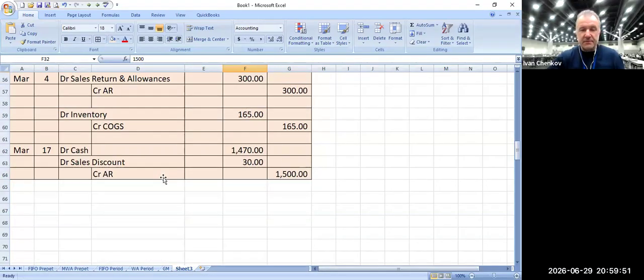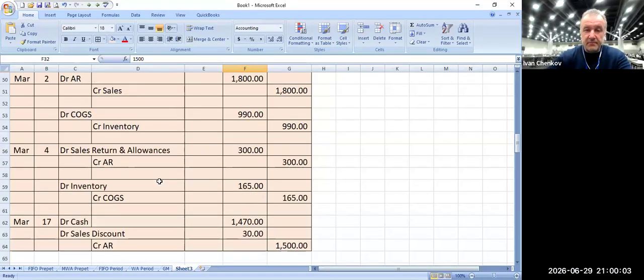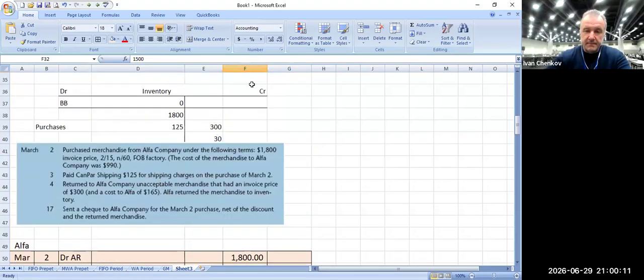That's what I wanted you to see here: how the same transaction, on the different parts of the transaction, shows the logic and how the different companies treat it, depending on whether you're a vendor or the customer. Okay, that was the question.